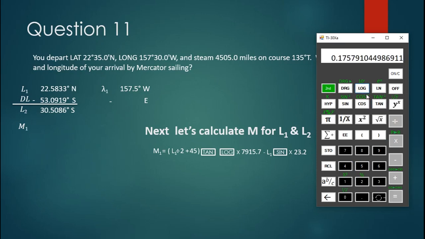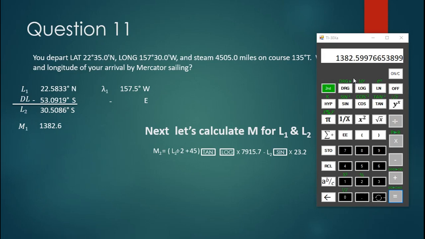Tangent, log, times 7915.7, minus L1 again, 22.5833, sine, times 23.2, equals 1382.59. So we'll round that to 1382.6.